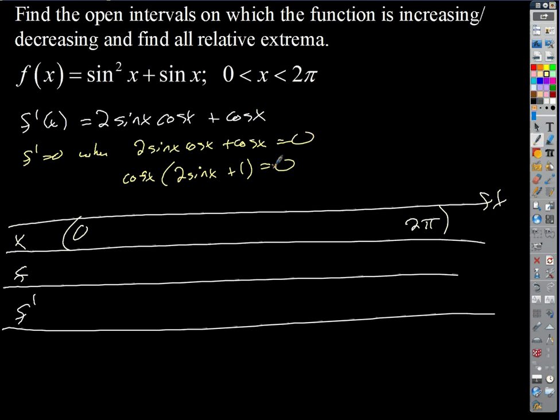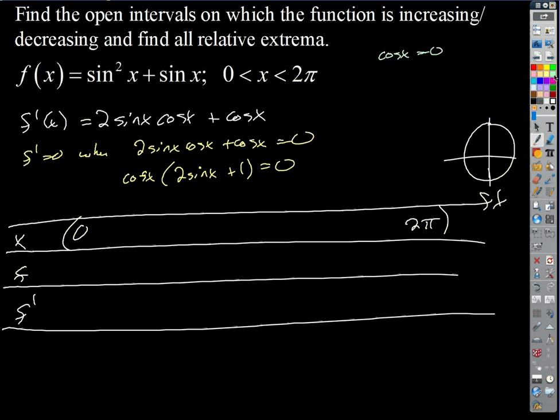If we can factor this thing by the zero product property, the product of the factors is 0 when each factor is 0. So we've got cosine x equals 0 where on our interval? Think unit circle. Cosine is the x coordinate, so it's going to be there.